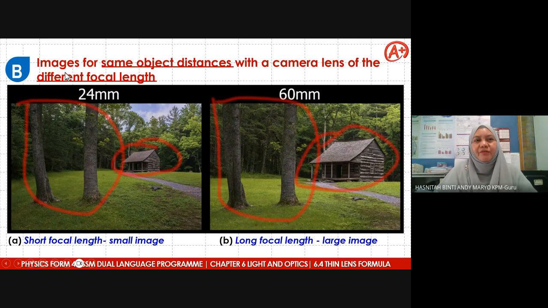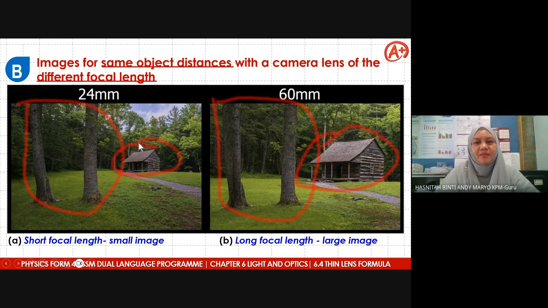For the first camera on the left side, the focal length f is 24 millimeter. For the second camera, the focal length f is 60 millimeter. It has a longer focal length. So here you can see what happened: when the camera has a shorter focal length, the image produced by the camera will be smaller.